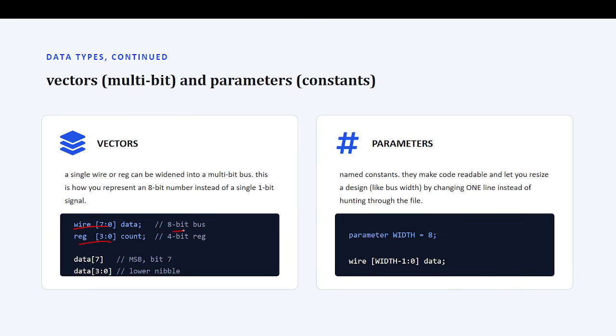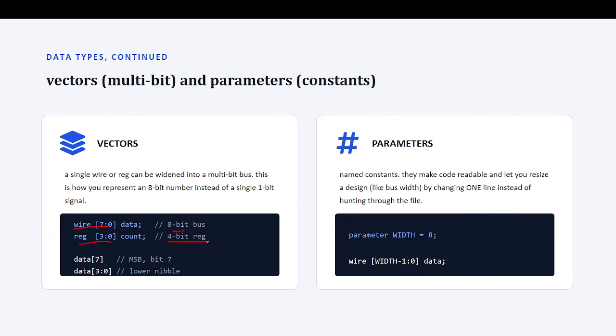You can say that data is an 8-bit byte bus, with bit 7 being the MSB, most significant bit, and bit 0 being the least significant bit, LSB. Similarly, count is a 4-bit register.